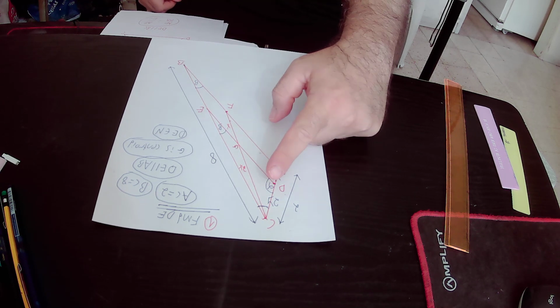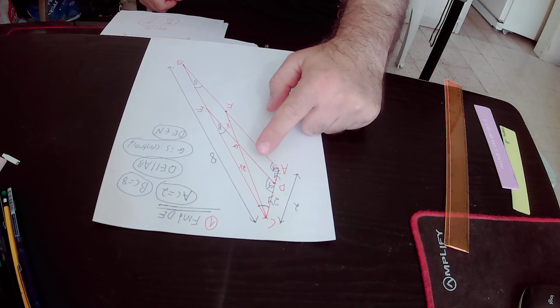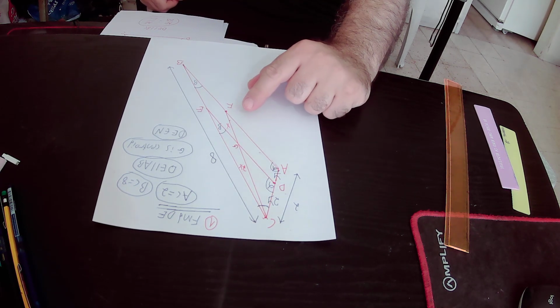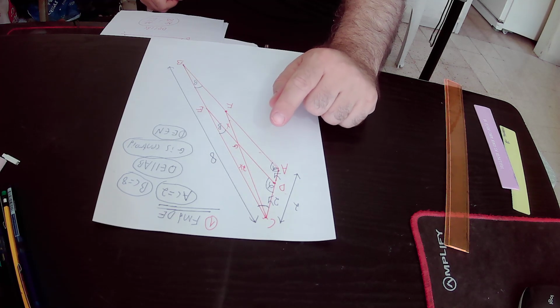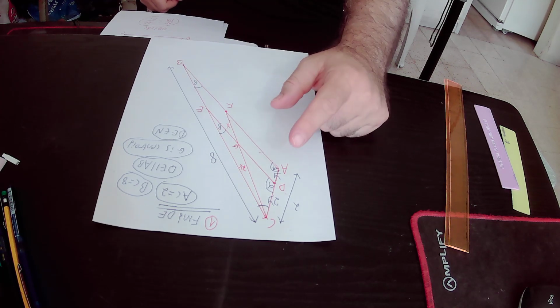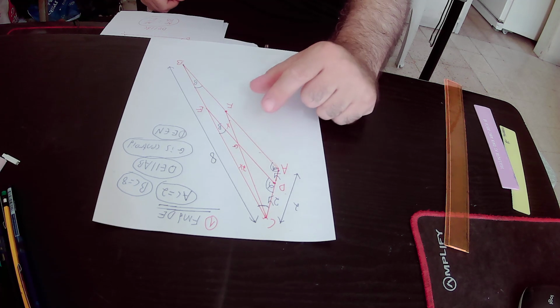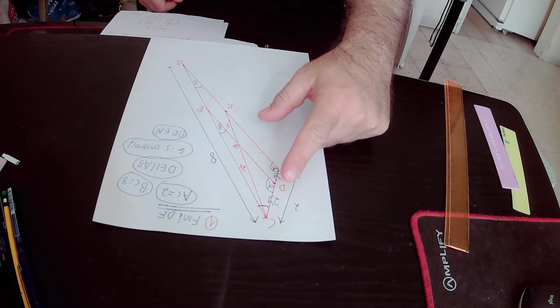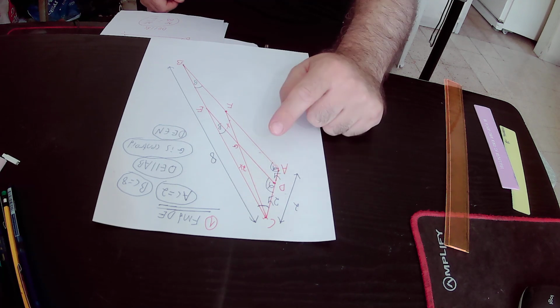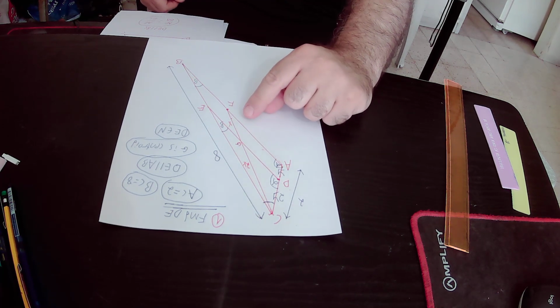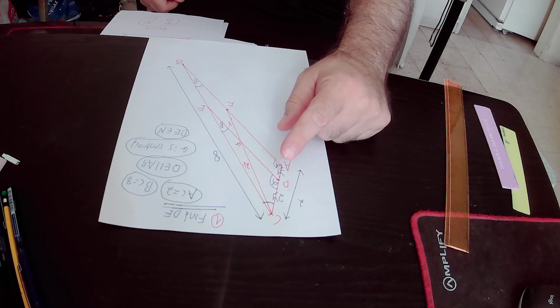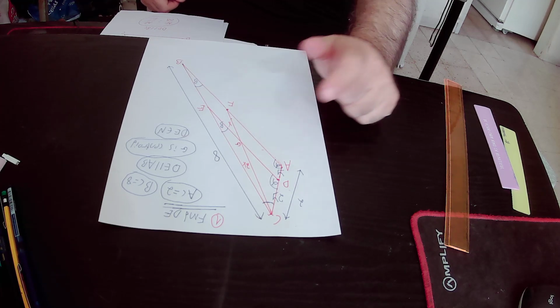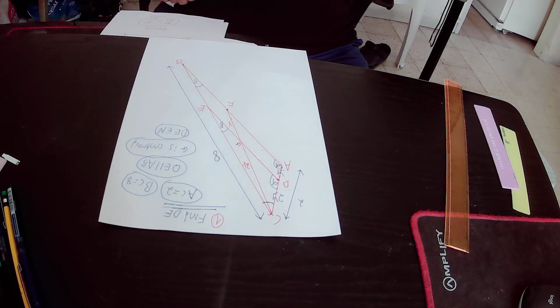That is to say, if CG equals 2 units, then GF will be equal to 1 unit. Or CG is twice as large as GF. Or in other words, if CG equals 2x, then GF will be equal to x, because CG is twice as large as GF. Okay?